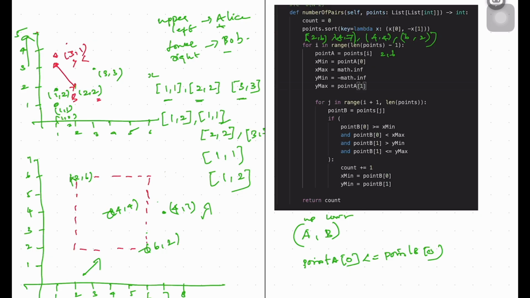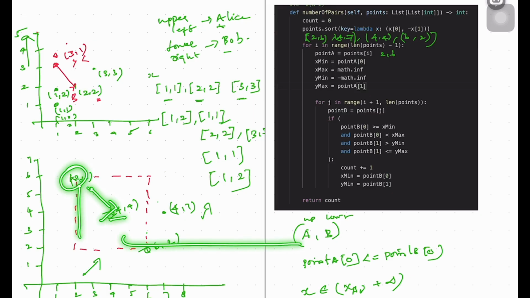So x minimum is point A of 0, and x maximum can be plus infinity, because on the lower right, x can be anything after this point.